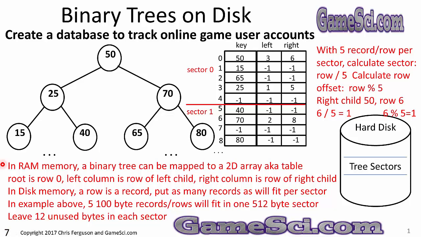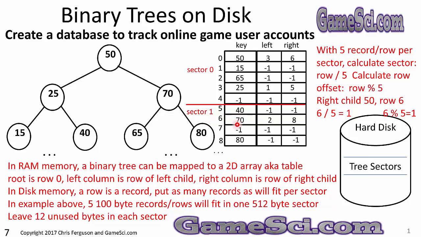Recall, in RAM memory, a binary tree can be mapped to a 2D array, aka a table. If you put the root in row 0, the left column is the row of the left child. The right column is the row of the right child. The left child of 50 is row 3 of the table. The right child of 50 is row 6 of the table.